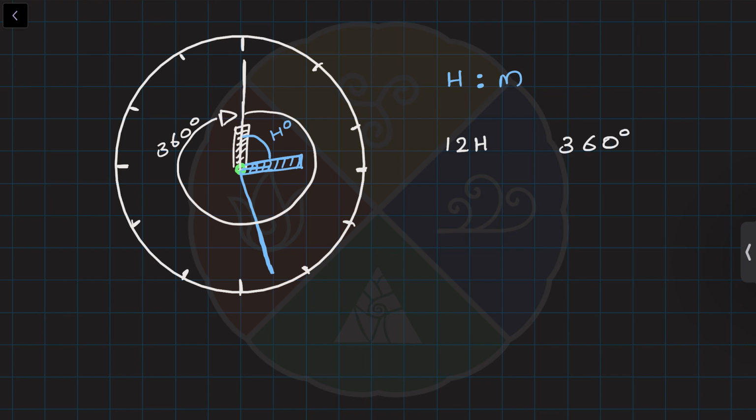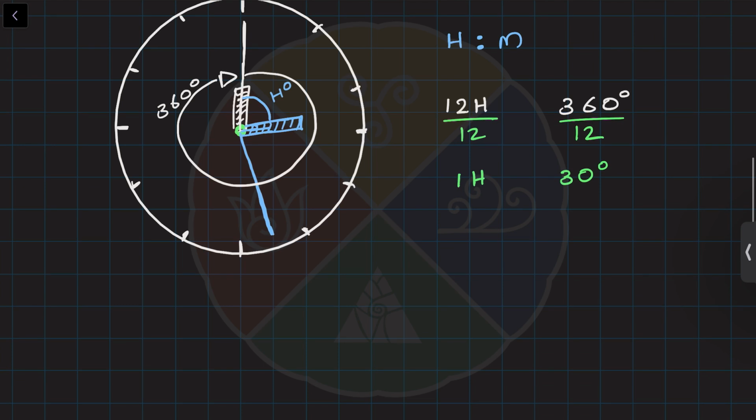To see how much it travels in 1 hour, I divide both values by 12: 360 divided by 12 is 30 degrees. So each hour the hour hand travels 30 degrees. That means in h hours, the hour hand travels 30h degrees.